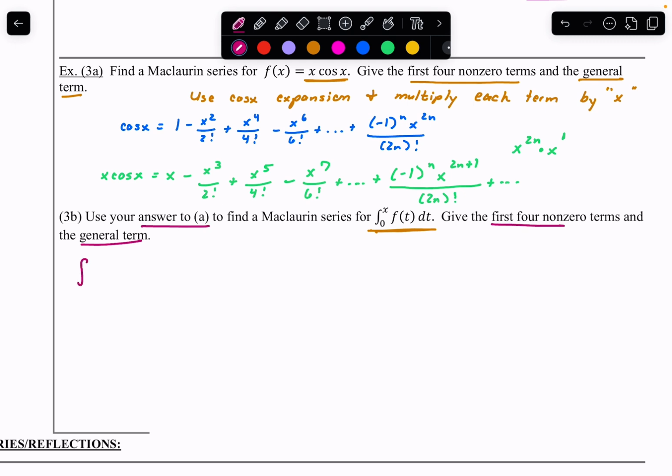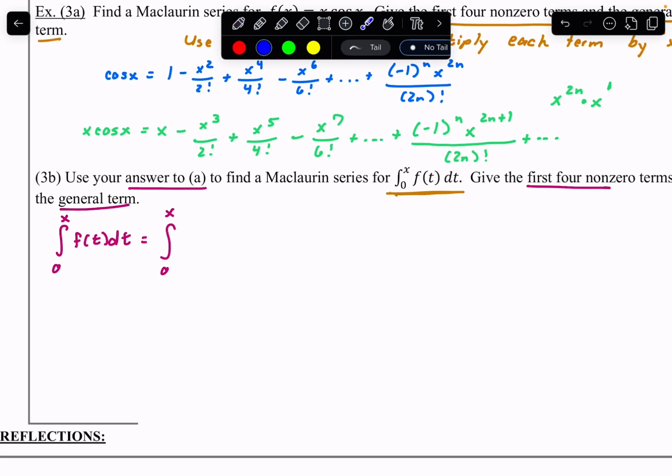So again, I'm going to integrate from 0 to x, right? F of t dt. All this means is that I'm going to change the variable to t because these variables cannot be the same. So I'm going to rewrite the f of x expansion with t's, right? So this should all have t's in it. So let me start with t cosine t.